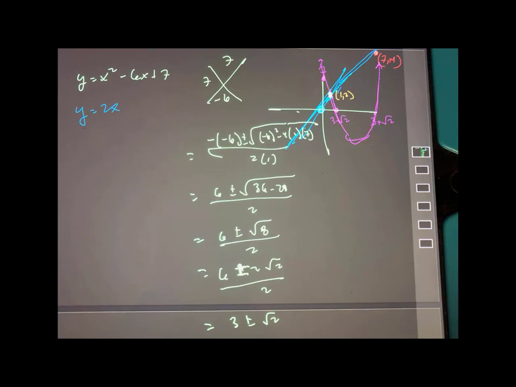But you can find the x-intercepts by using the quadratic formula. So I have the quadratic formula here below, and the main point is that you're just finding those x-intercepts. I have 3 plus or minus radical 2. And if you graph y equals 2x, the blue and then the purple parabola, they intersect at those 2 points that we just found, (1, 2) and (7, 14).